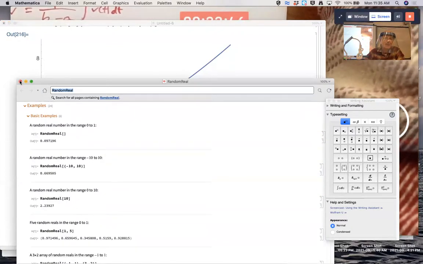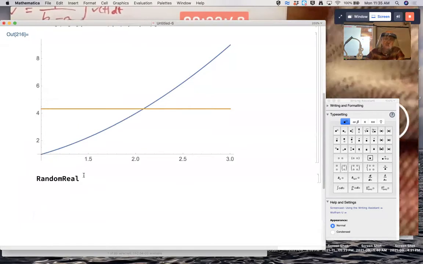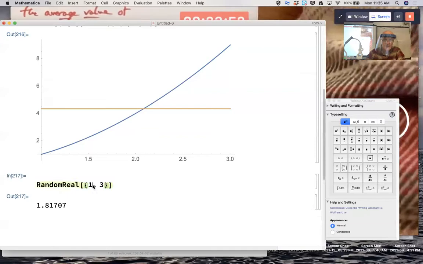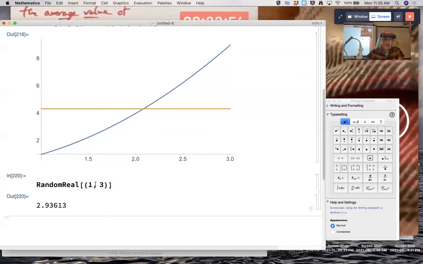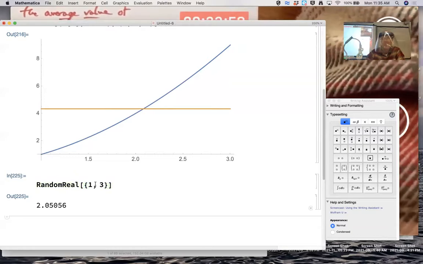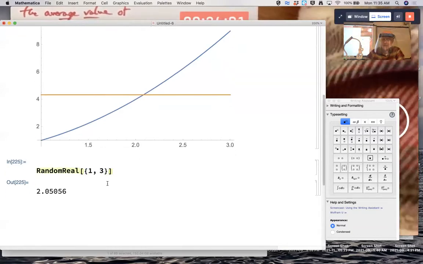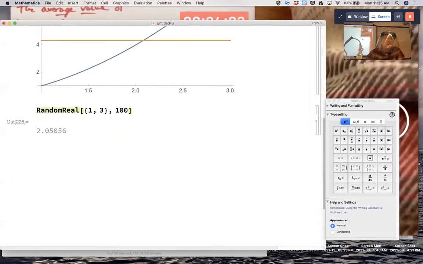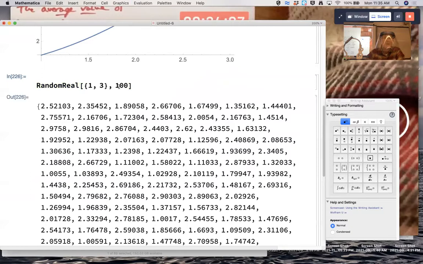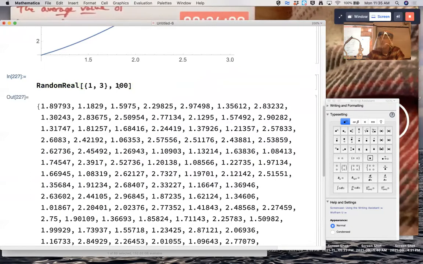So if I want to generate some random reals between, say, 1 and 3, I can keep re-entering this code, and it keeps generating random numbers between 1 and 3. If I want to generate 100 of them, I put a comma 100 here. Here's 100 random numbers between 1 and 3. If I enter it again, I'll get another 100 random numbers between 1 and 3.